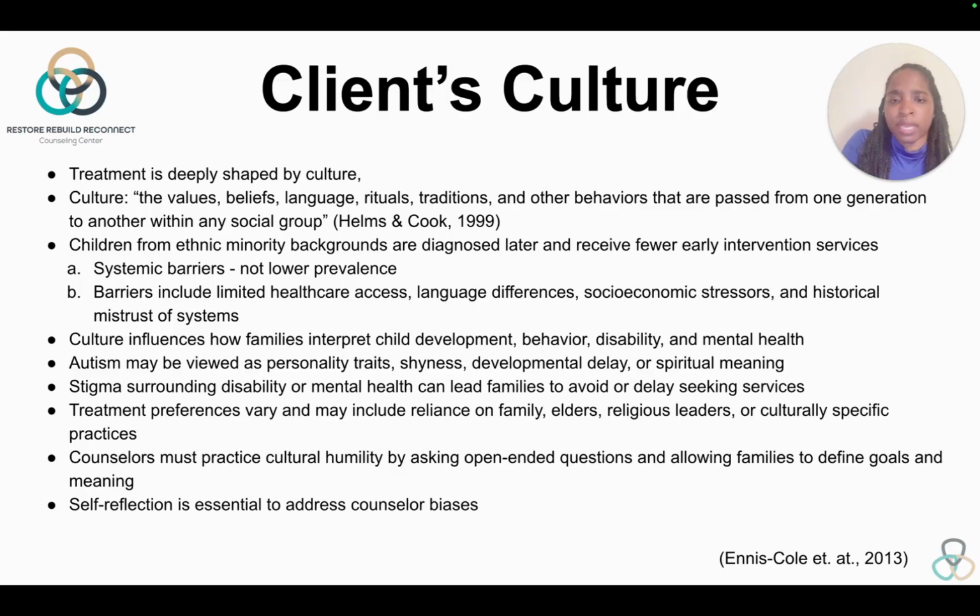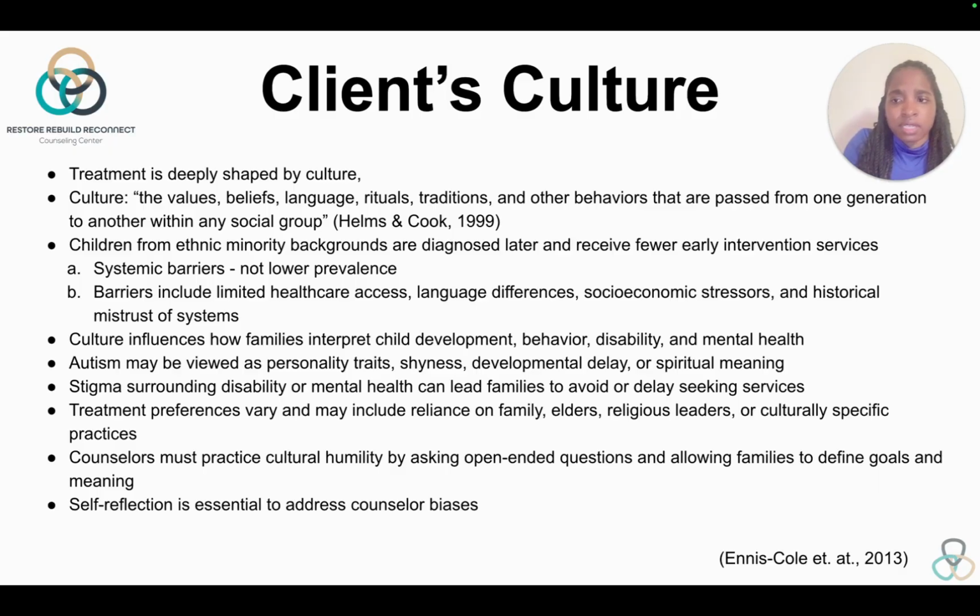And then a counselor might view this as them being resistant or defiant or in denial about their child's autism. When in reality, there are so many different cultural contexts that this could be. So you really have to view it from the lens of their culture. So this might be a reflection of a fear of getting stigmatized or just negative experiences that they might have had in the past with the system. It could really be anything. So counselors really have to watch out for that.